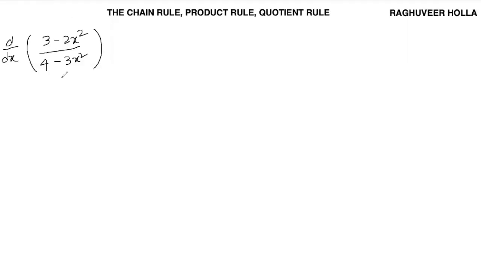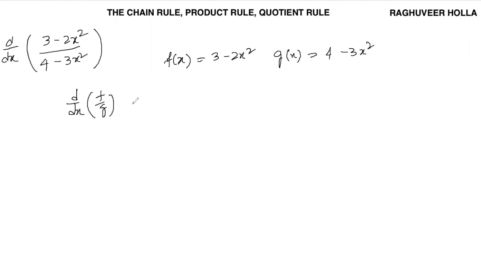Now let us solve this problem by applying the quotient rule. Here f of x, we can write as 3 minus 2x squared and g of x as 4 minus 3x squared. So d by dx of f by g is g into df by dx minus f into dg by dx, divided by g squared.